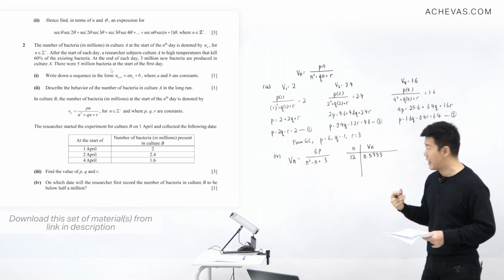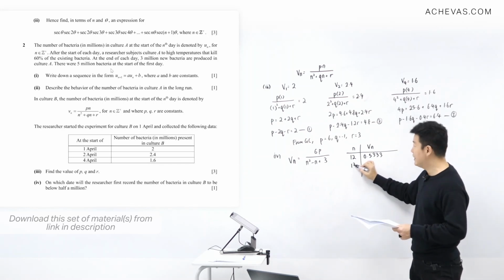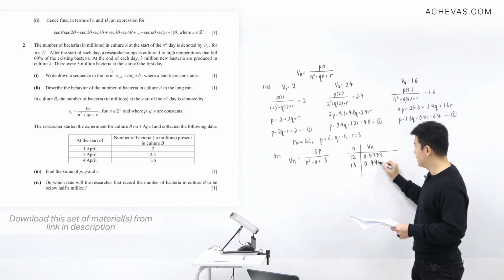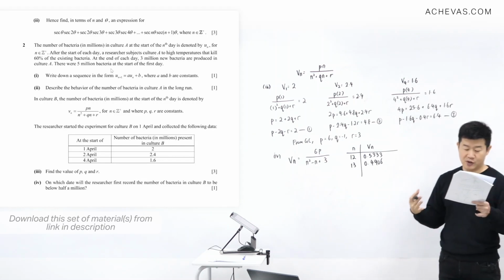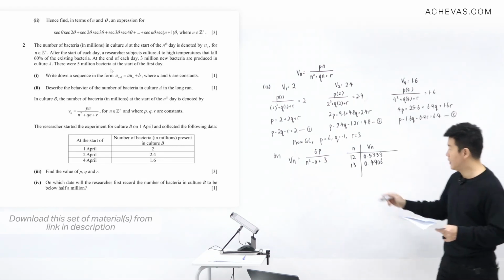It is still above 500,000, but on the 13th day, this is going to be equal to 0.4906. This is the first day when the number of bacteria recorded is less than 0.5.